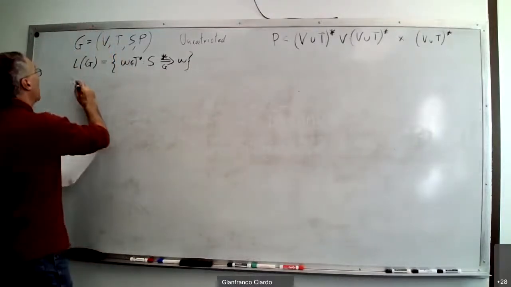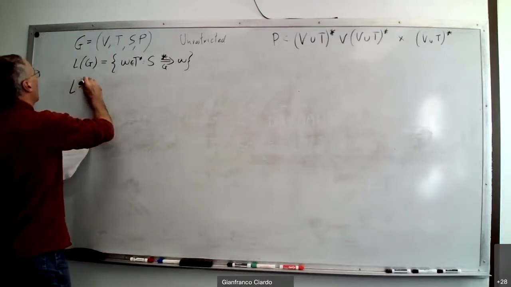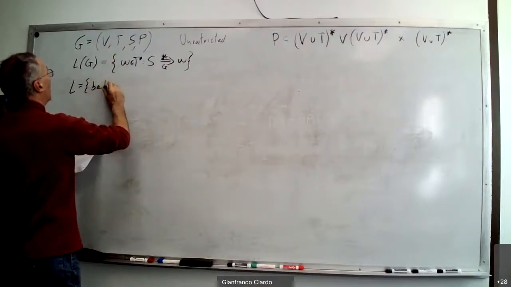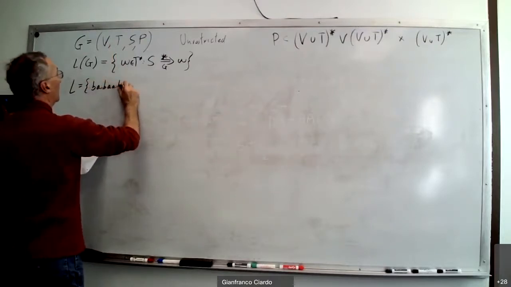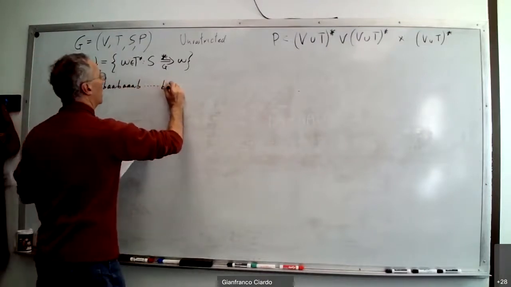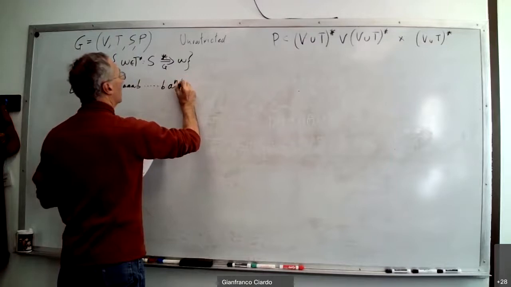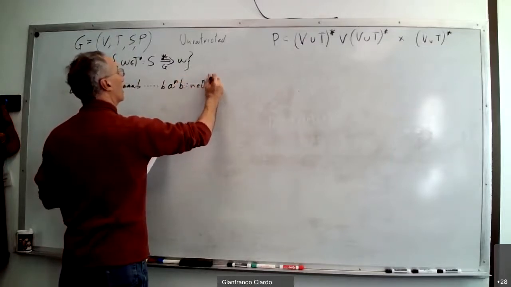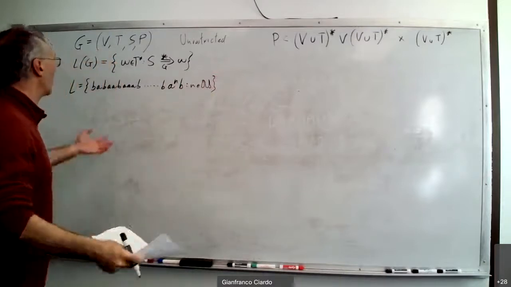Let's generate another language, which we have seen is not context free: B A B A A B A A A B, and so on, up to B A to the N B. How do I describe this in English?